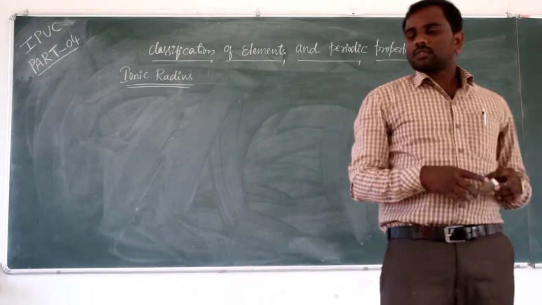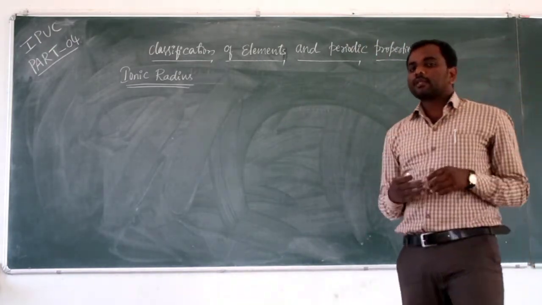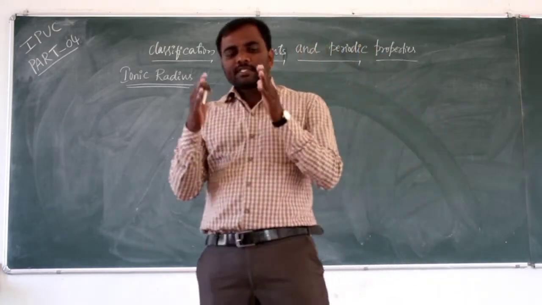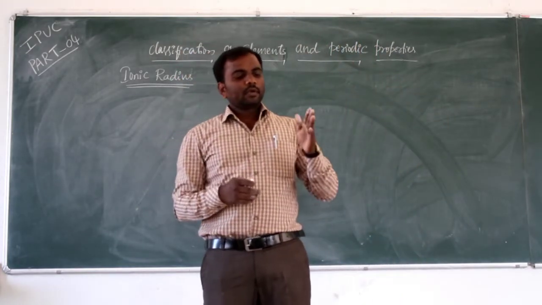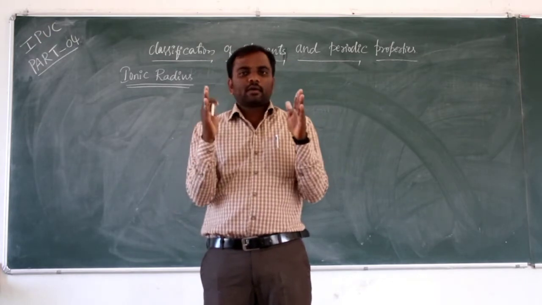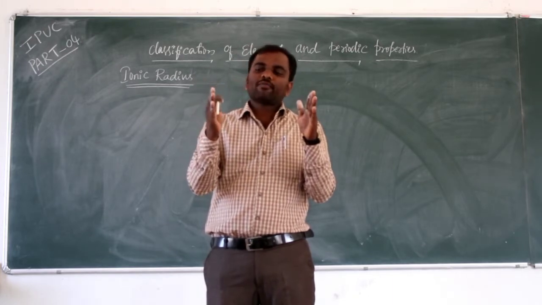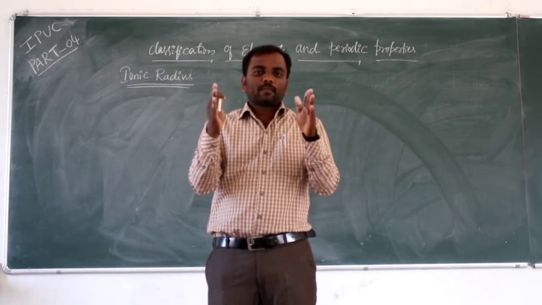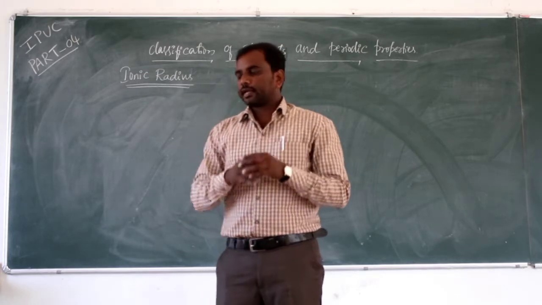That is called as ionic radius, right? See, ionic radius, what do we say? It is a distance between the center of the nucleus and electron of the outermost shell of an ion. That is called as ionic radius, right?